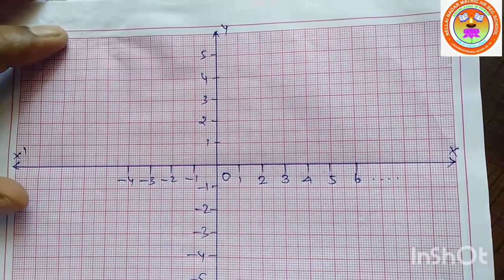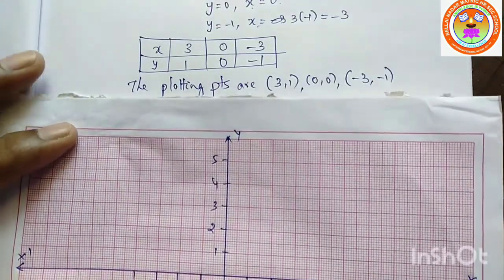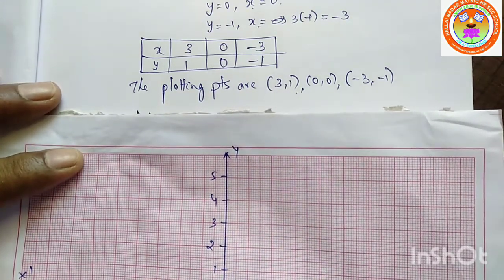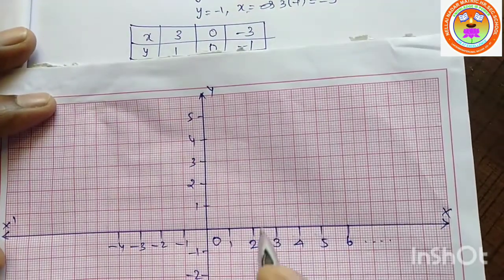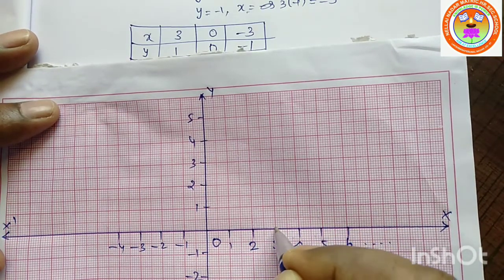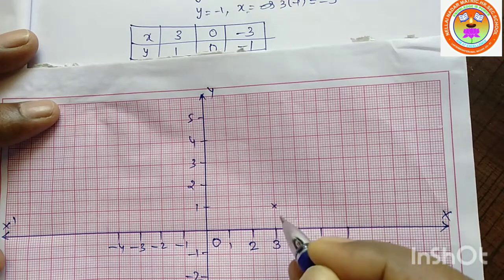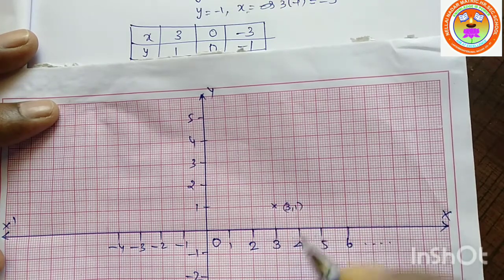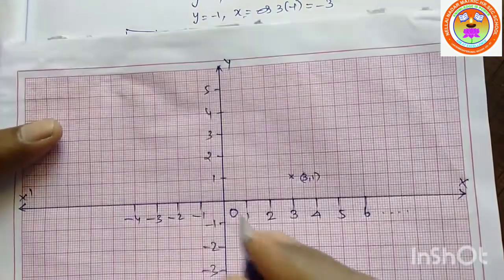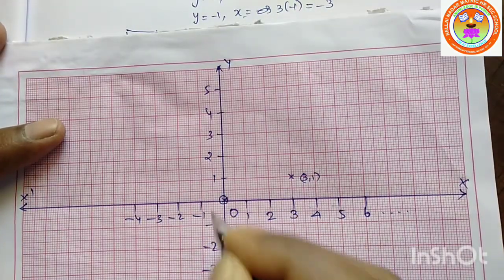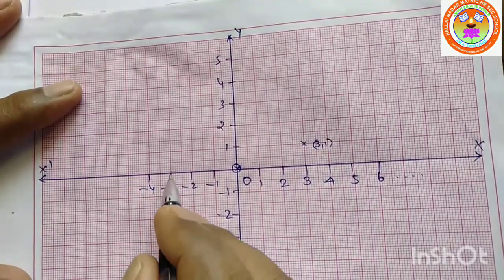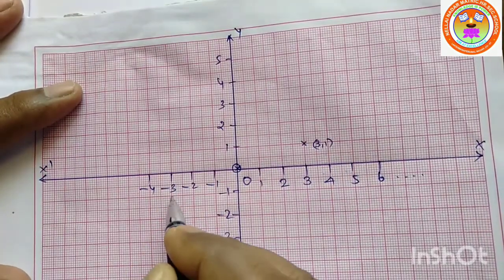Now plot the points. First we take the plotting points (3, 1). (3, 1) means x value 3, y value 1. So this is the point (3, 1). The next is (0, 0), this is the origin. Then (minus 3, minus 1): x value minus 3, y value minus 1.